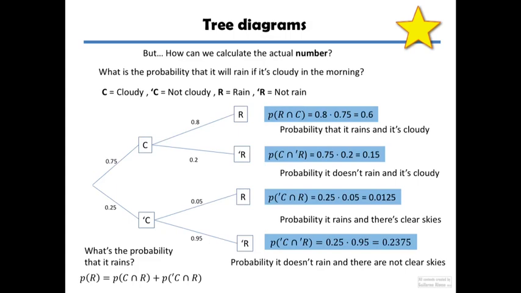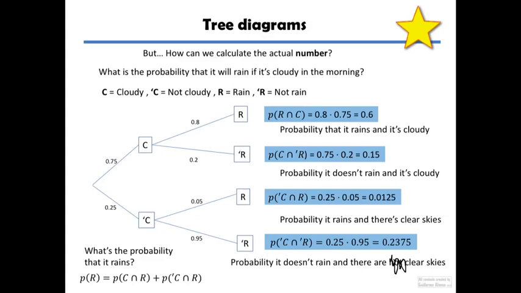So, when we do that, we're going to be calculating the probability that it rains and it's cloudy, the probability that it doesn't rain and it's cloudy, the probability that it rains and it's not cloudy or there's clear skies, and the probability that it doesn't rain and there's clear skies. There's a mistake here, excuse me.